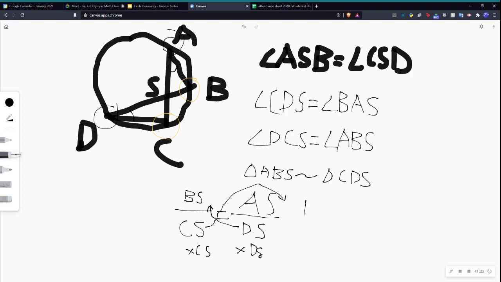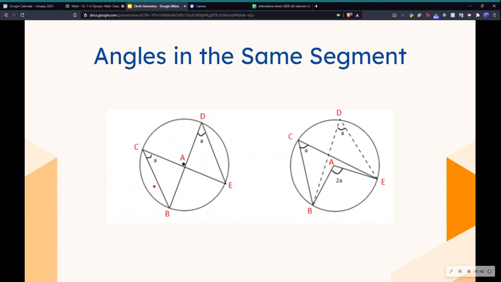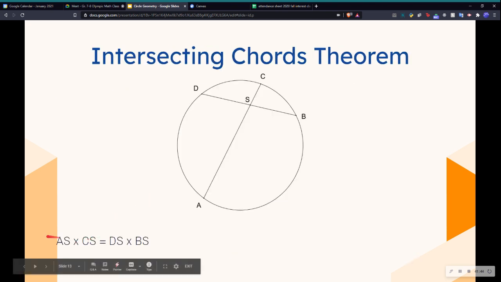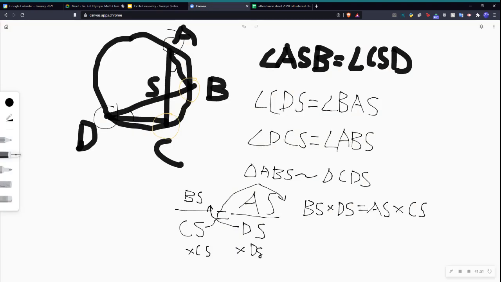So that means we're left with BS times DS equals AS times CS. And this is exactly what our proof entails. Let's go back. AS times CS is equal to DS times BS. Yep, and these side lengths match. So that proves our theorem. Any questions about this?